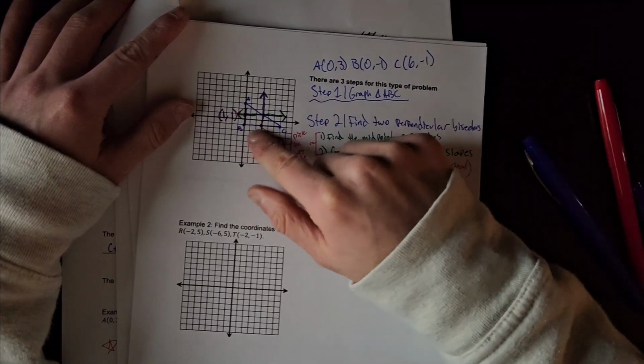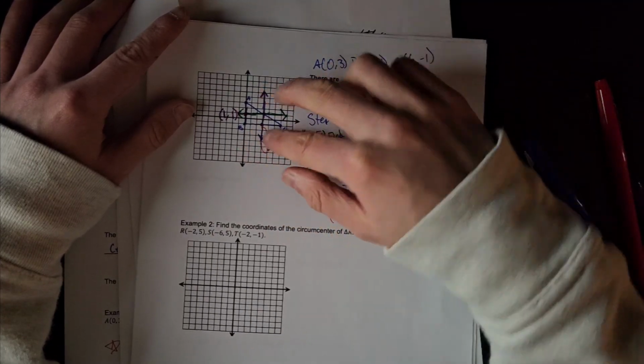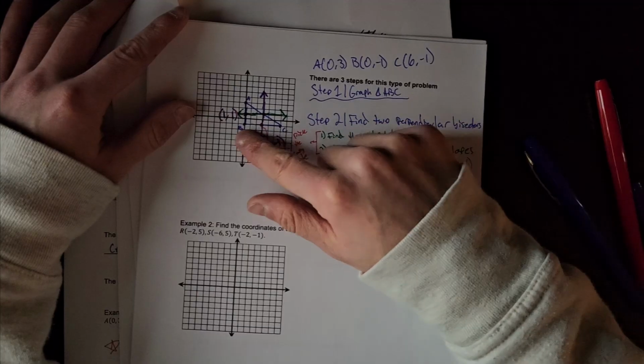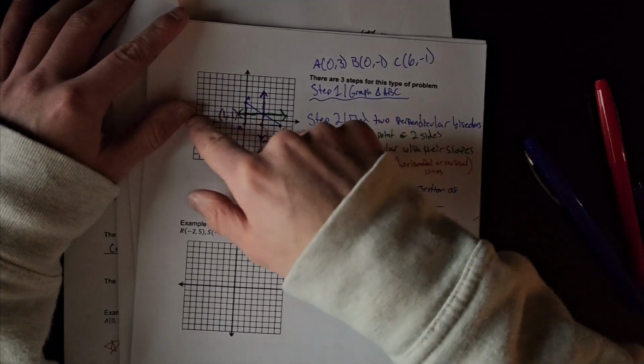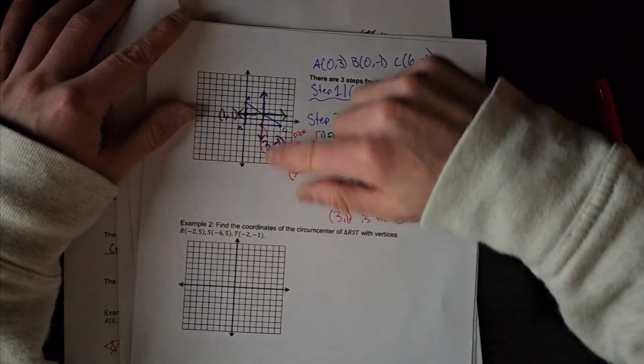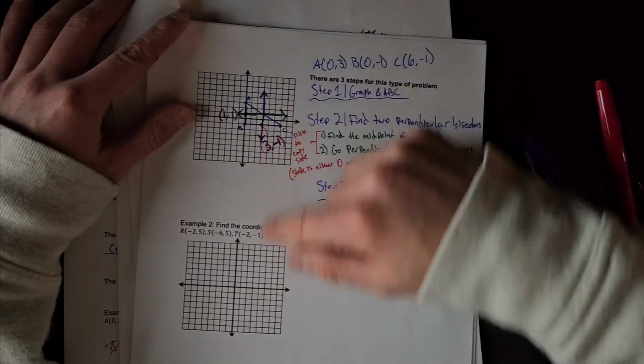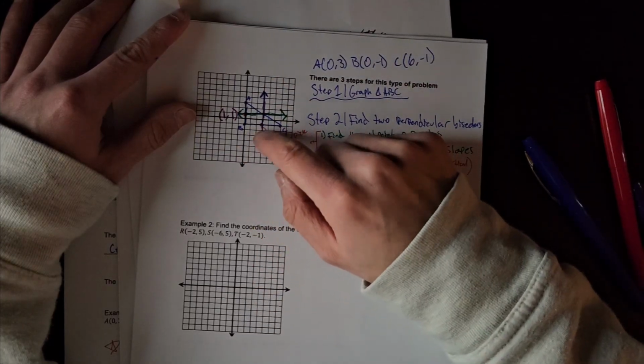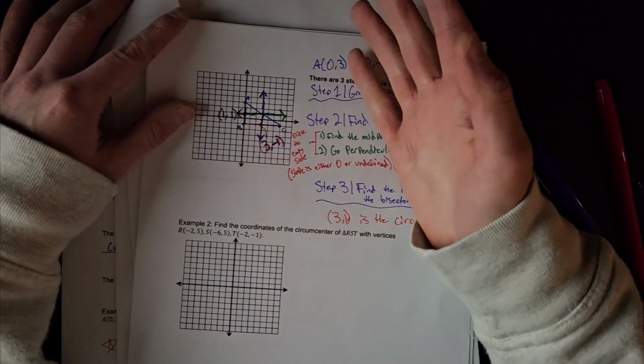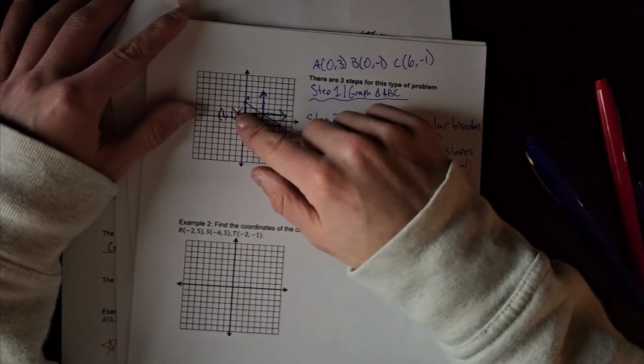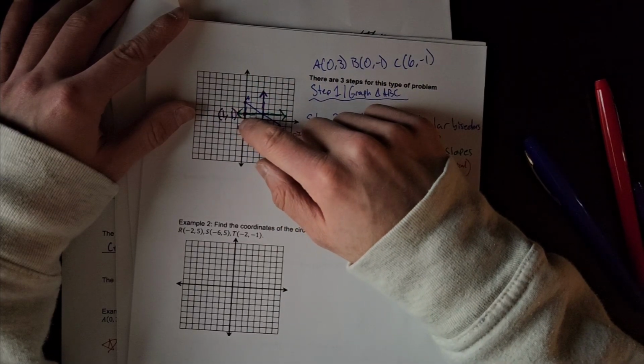Then you just need to change its orientation. On BC, it was going horizontal, so the perpendicular slope would be up and down now, and it comes out of that midpoint because it's a perpendicular bisector. You do the same thing for a vertical line.